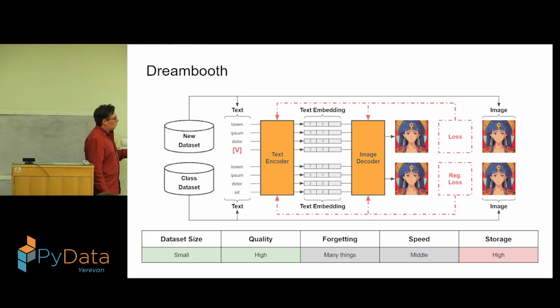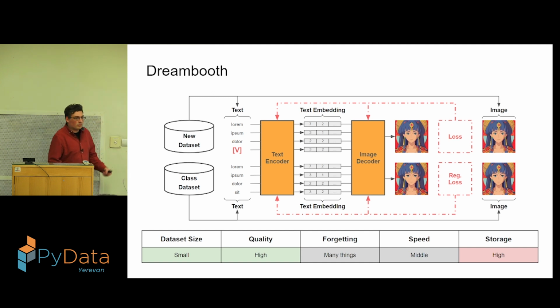On the internet you can find a very large number of different models created by Dreambooth, and for these particular use cases they work pretty well. But if you go to specific parts of the distribution, you can find that they forget some things from the original distribution. So this is a method to add small concepts to the model.